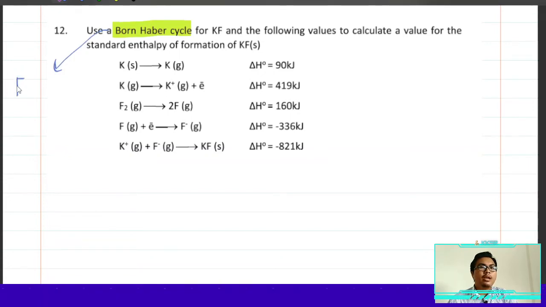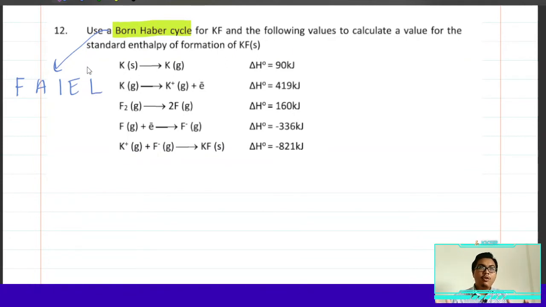Okay, so kita ada FAIEL, file. So F is for formation, A is for atomization, I is for ionization energy, E is for electron affinity, and L is for lattice energy.